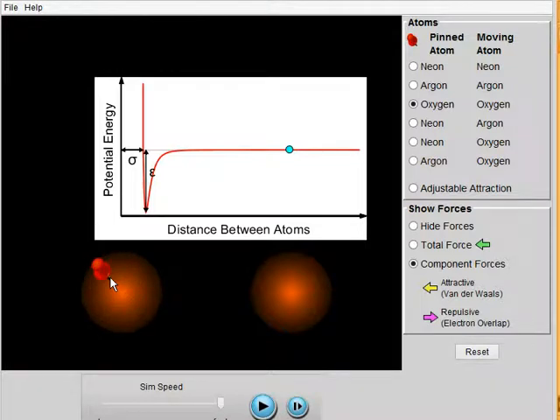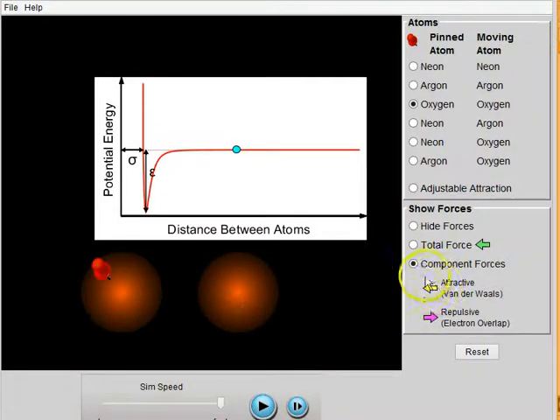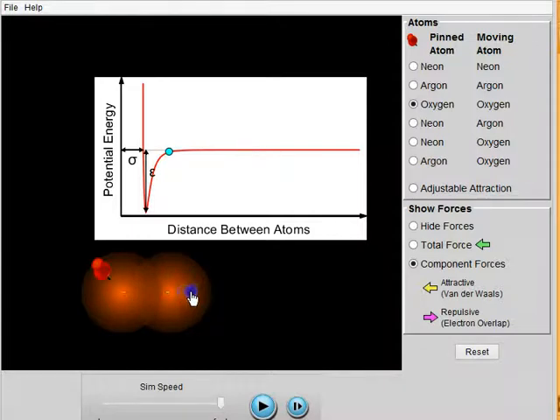If there's nothing close to this atom, then it would have no effect on it. As I go closer though, the effect of the other atom would be felt. So let's see. I have shown the component forces, and it seems like the yellow arrow shows attractive forces and the pink arrow shows repulsion. As I move it closer, after a large overlap, these yellow forces start showing up.